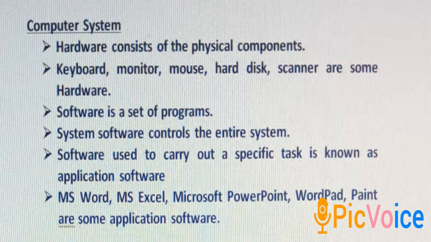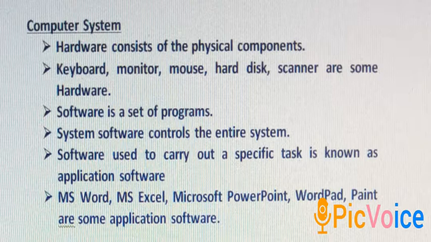System software controls the entire system. Software used to carry out a specific task is known as application software.